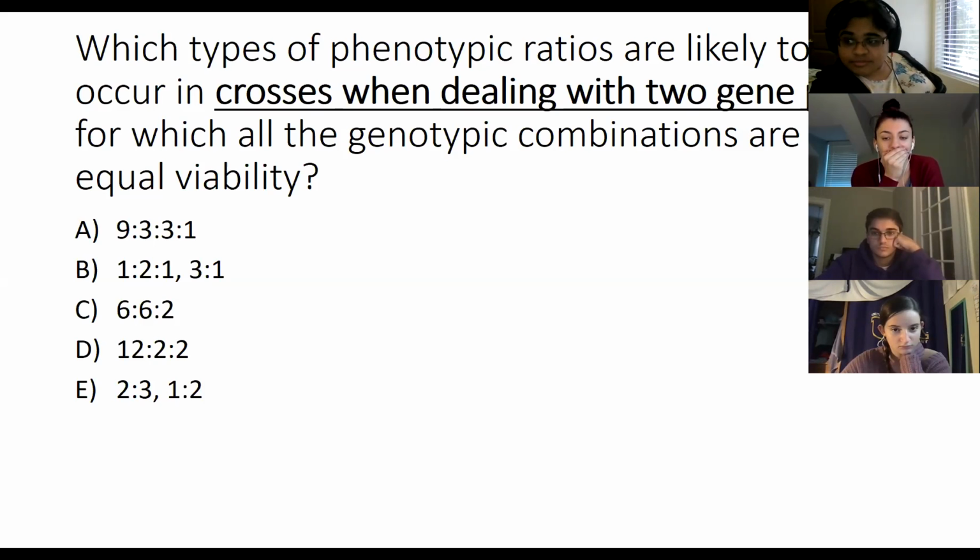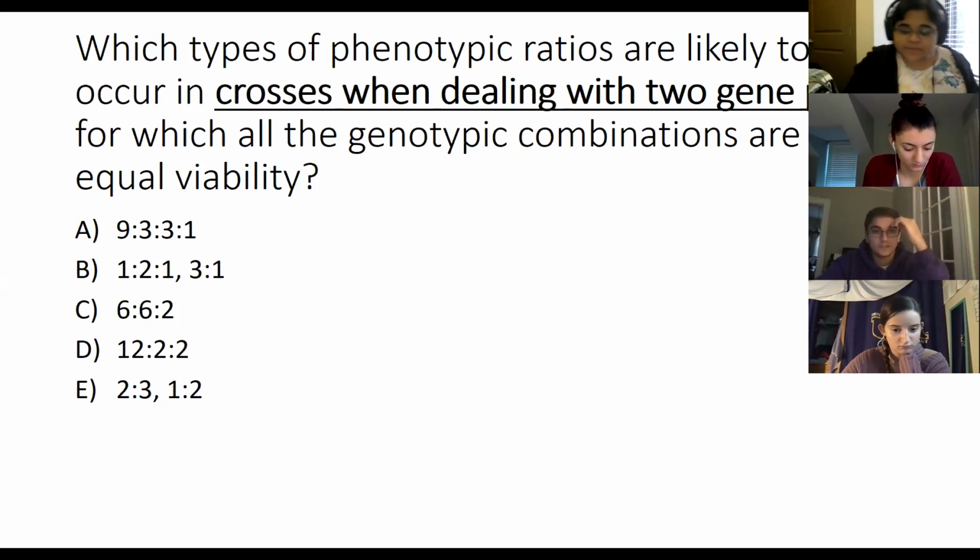Would it be B? So, is it not B? A? Yes. Why is it A? Because when you do the dihybrid crosses, that's like the numbers that you get. Yeah, I don't know how to explain it better than that.